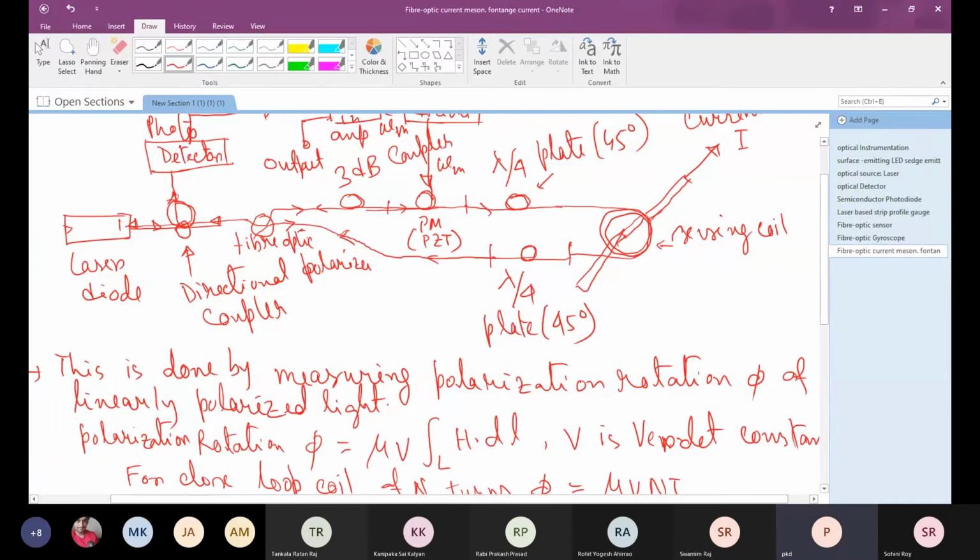This is the polarizer. So the two components will interfere, and then that is passed through a polarizer.